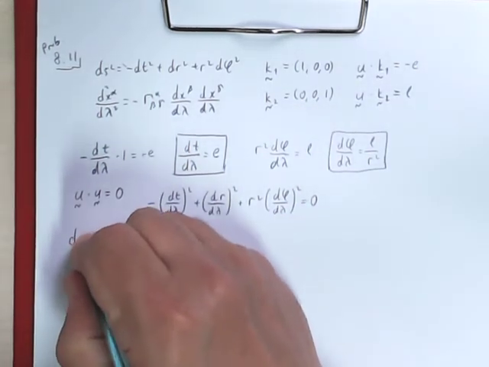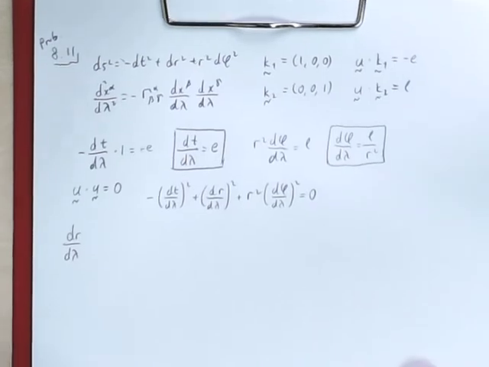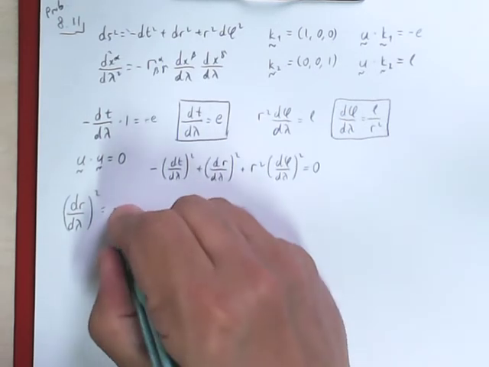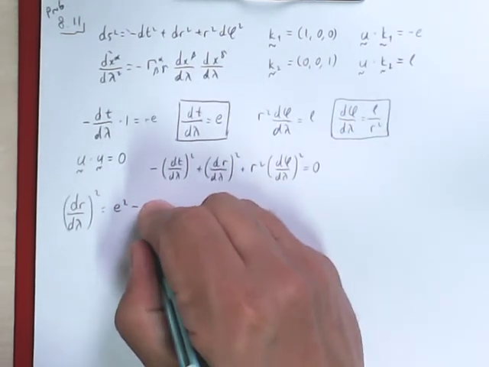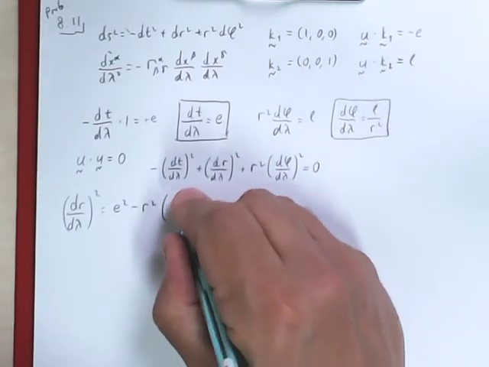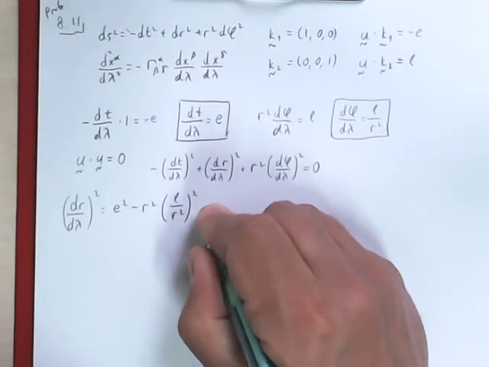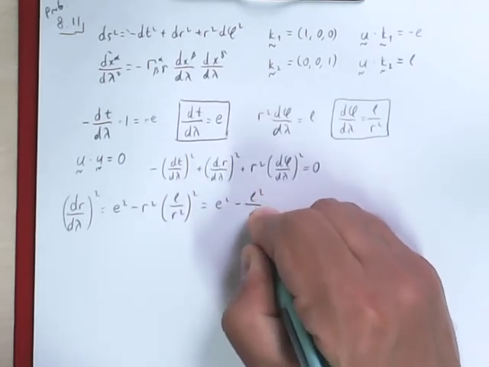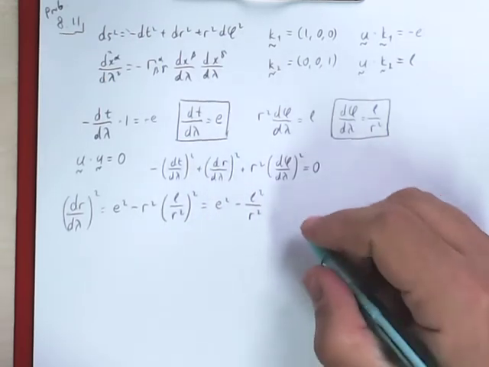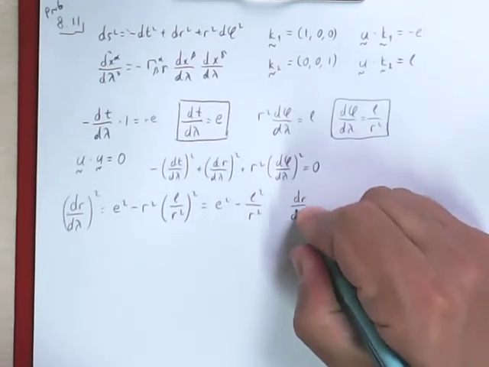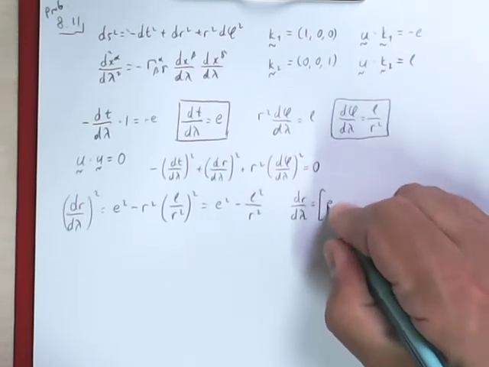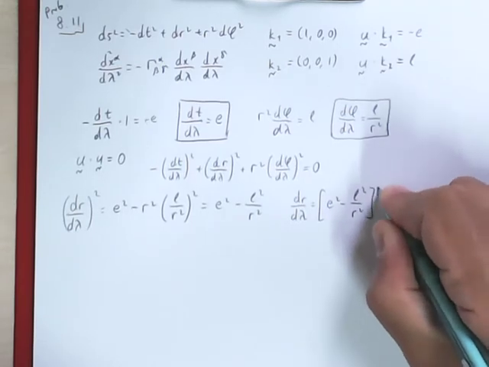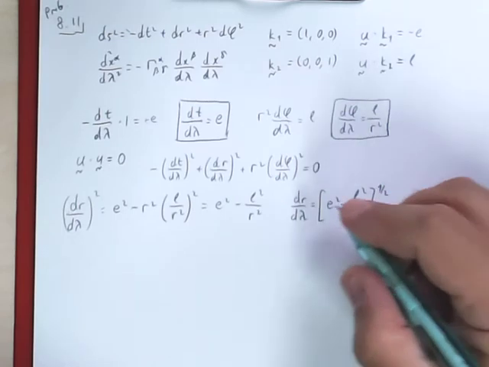So (dr by d lambda) squared is going to be, if I take this to the other side, E squared minus r squared times L by r squared, squared. Right, so this is E squared minus L squared by r squared. And if I take the square root of this, I'm going to get dr by d lambda is equal to (E squared minus L squared by r squared) to the half power. So I have a third differential equation.